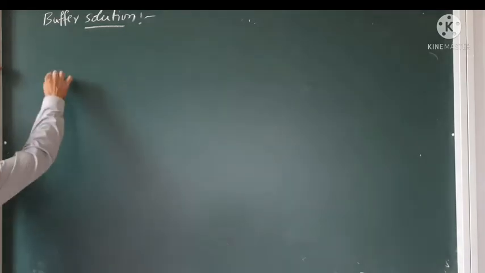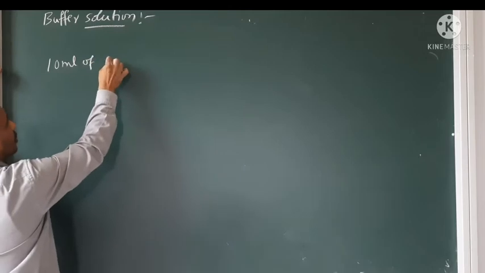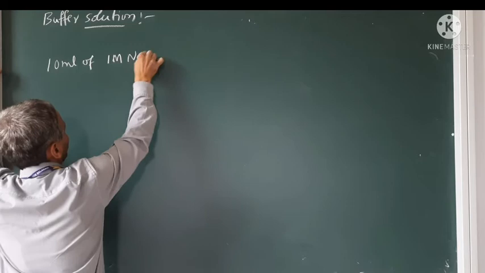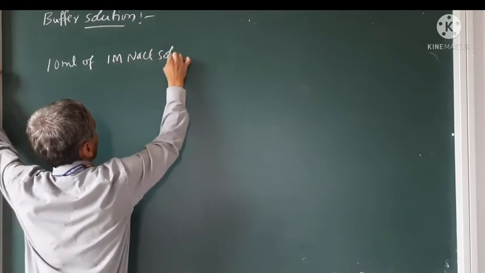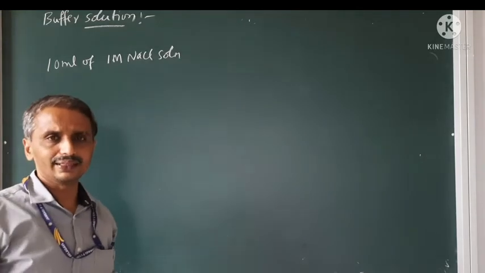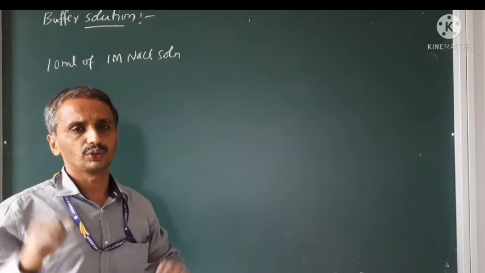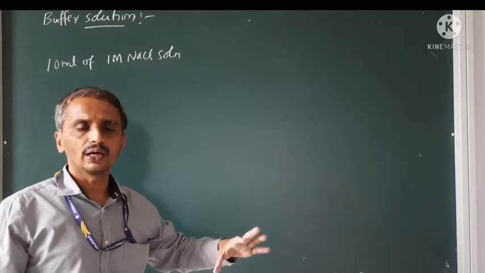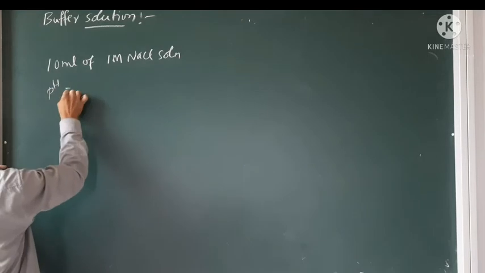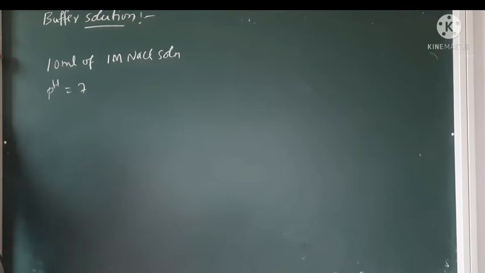Say I take 10 ml of 1 molar NaCl solution. The pH is 7 for this. NaCl pH will be 7 because it is a neutral solution, strong acid versus strong base.